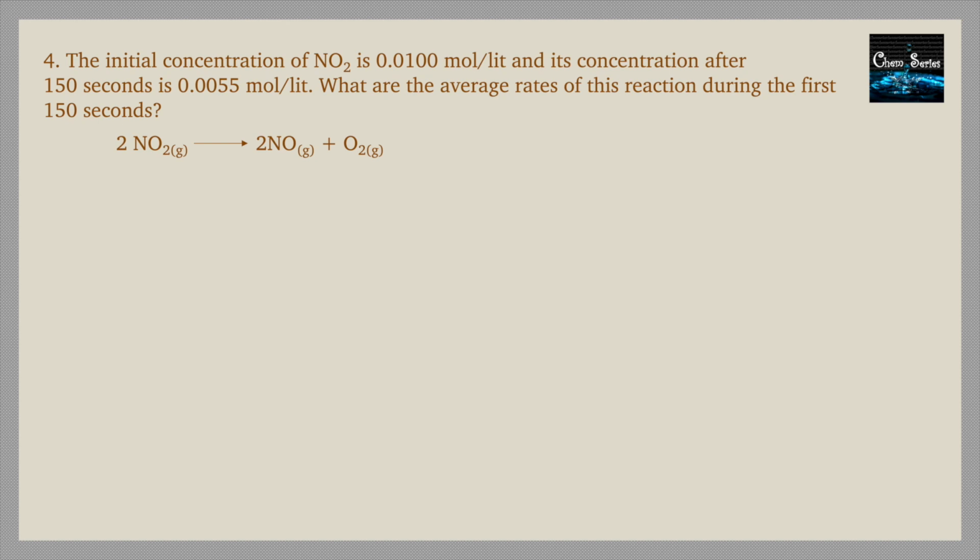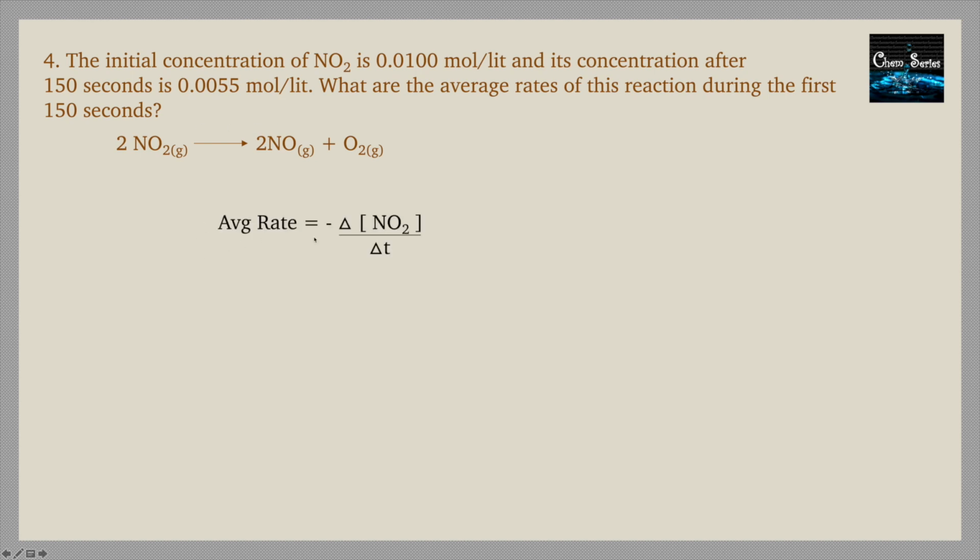Only reactant will be present. At that time, the initial concentration of NO2 is 0.01 mole per liter. And after 150 seconds, some of the products are formed. At that time, NO2 concentration is 0.0055 mole per liter. So we have to find out the average rate of the reaction during the first 150 seconds.